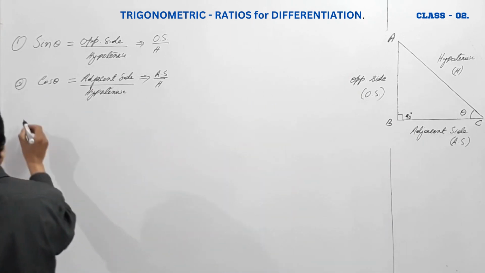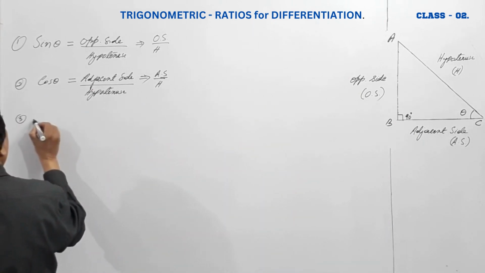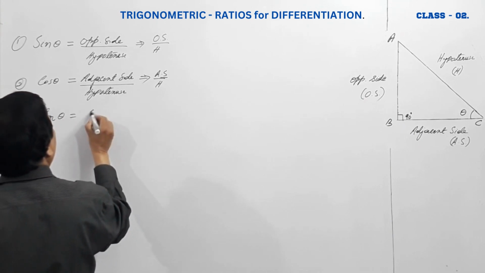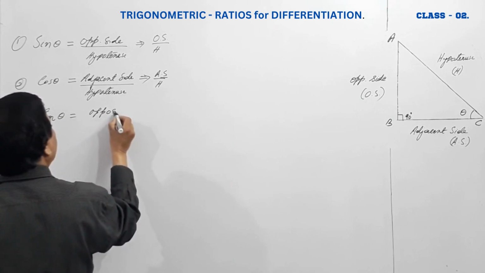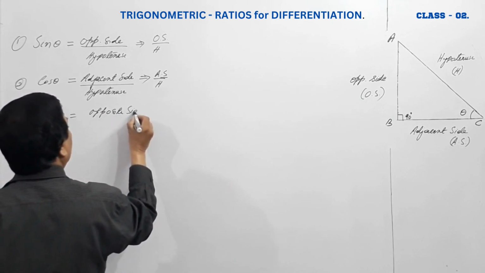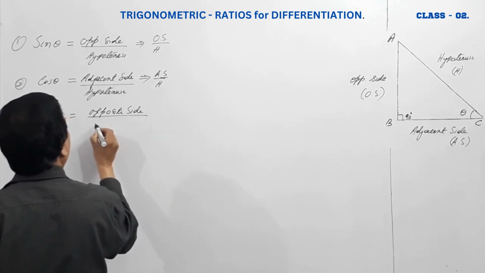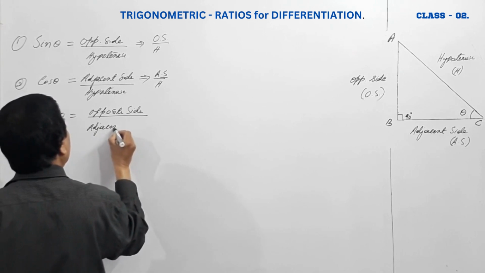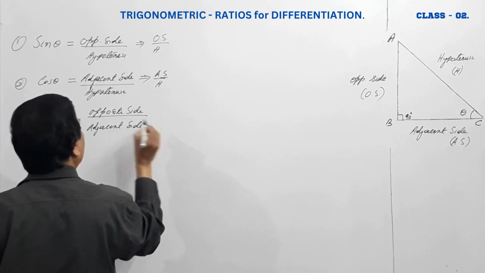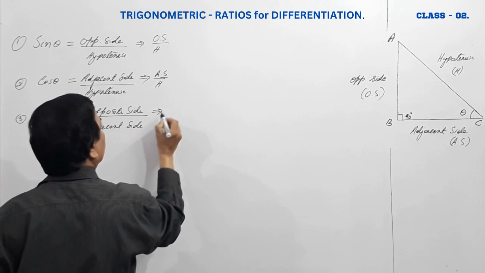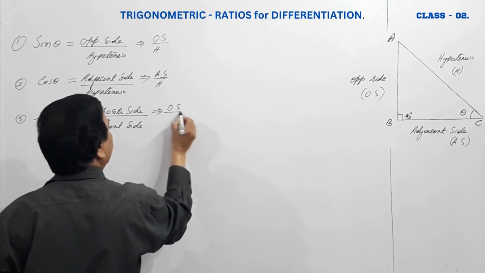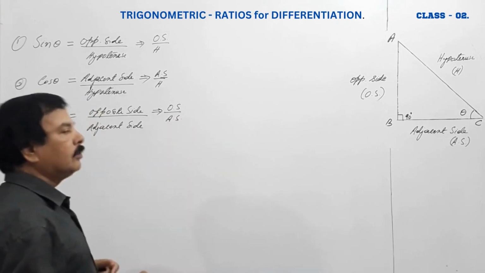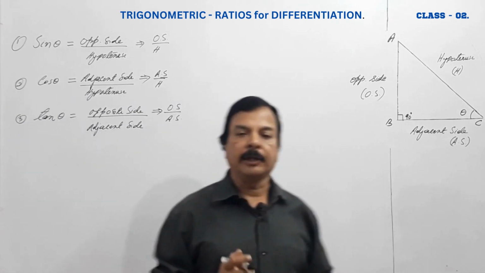So tan theta is opposite side by adjacent side. This is one way of knowing tan theta.